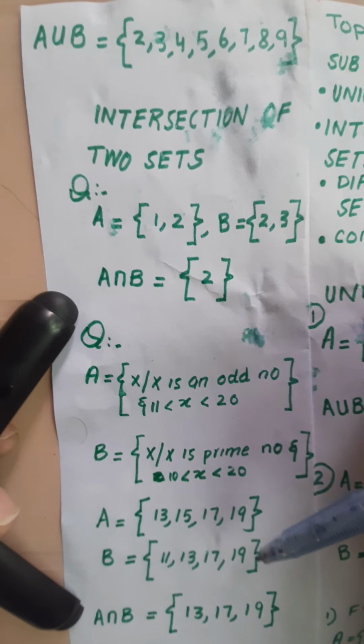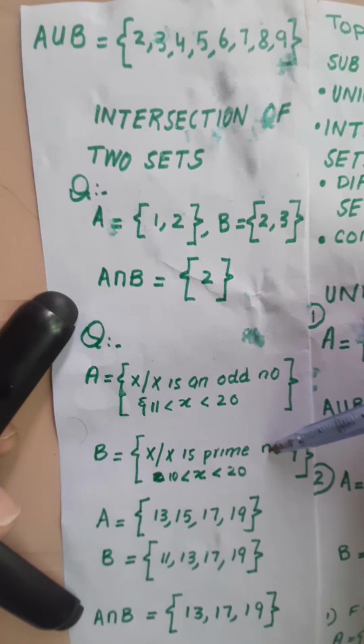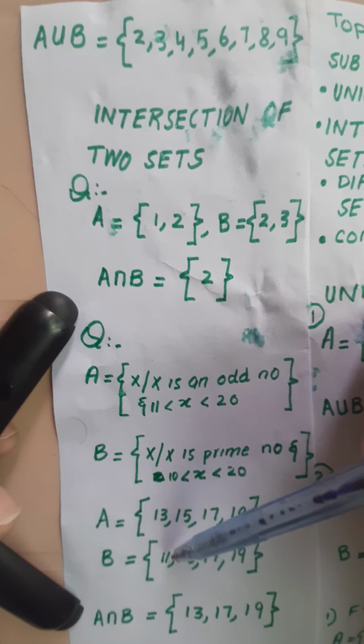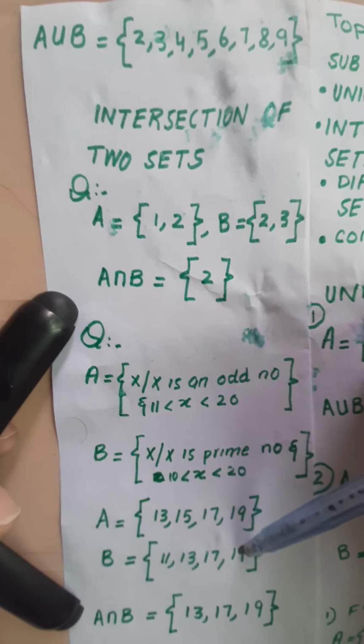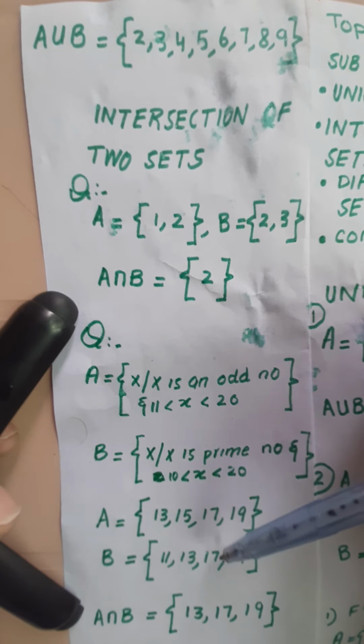So this forms a set A. Now set B is x such that x is a prime number and x is greater than 10 and less than 20. So the prime numbers greater than 10 and less than 20 are 11, 13, 17 and 19. So this forms a set B.